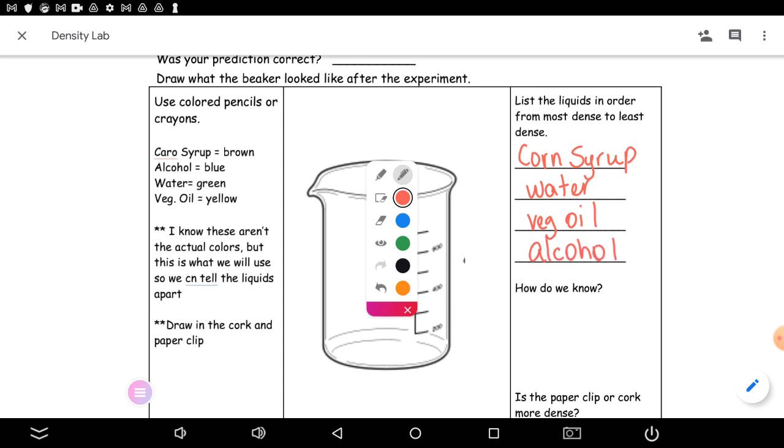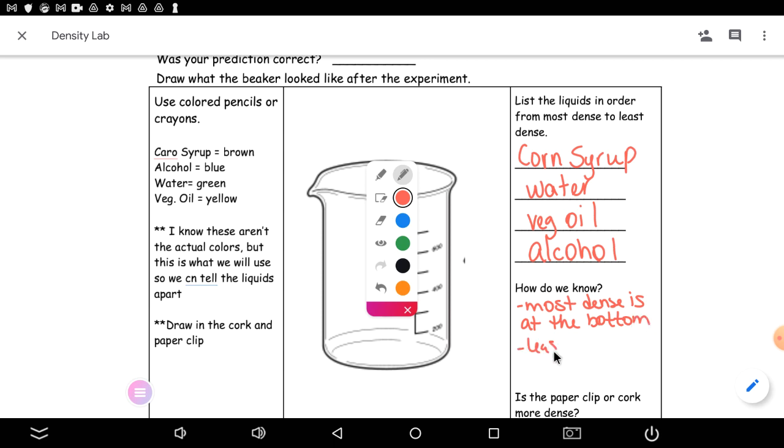Okay, how do we know? Max, by looking at those pictures, how did we know that that was the order? When we put the different liquids in. Okay, how did we find the most dense? Whatever one is at the bottom. Yeah, so the most dense is at the bottom. Least dense is where?